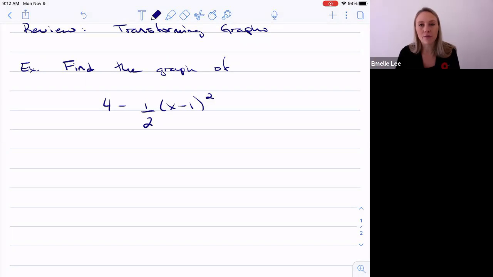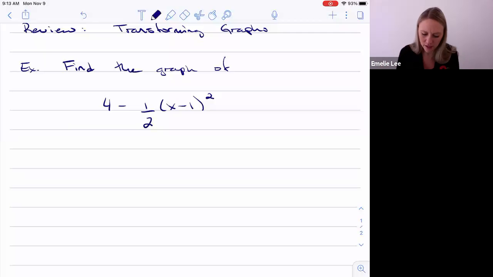You can have an even root, so a square root just kind of goes like this, and then an odd root goes like this. So we need to know those shapes. Absolute value is this kind of V, and what else do we have? I think those are the core ones for now.